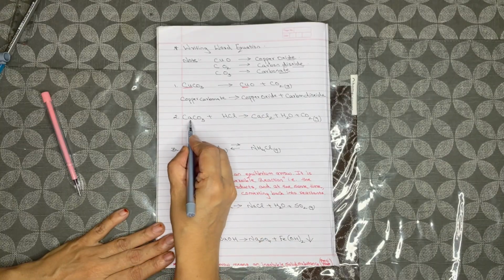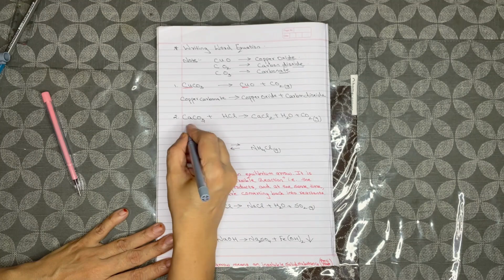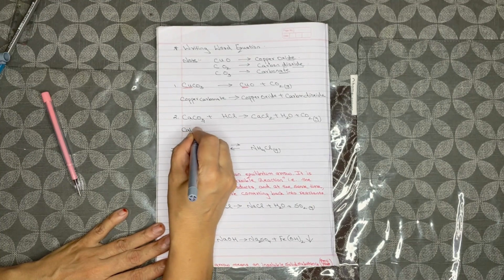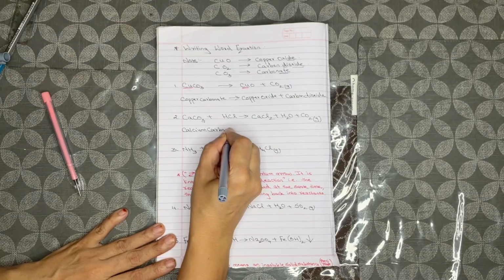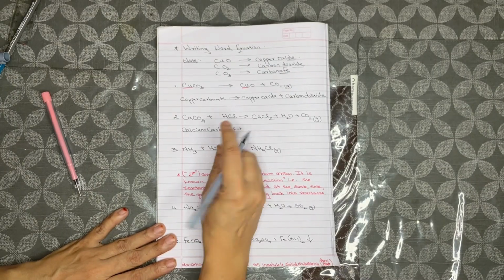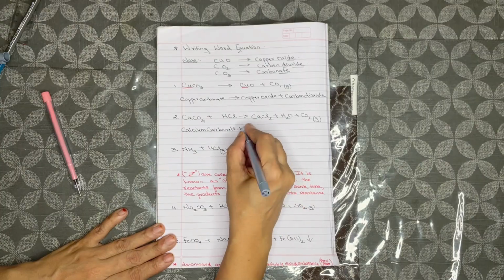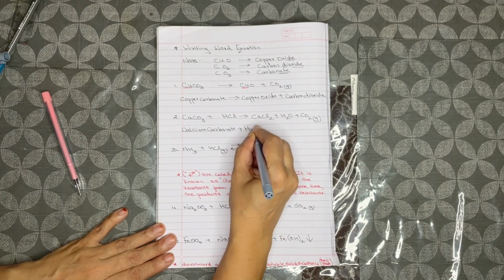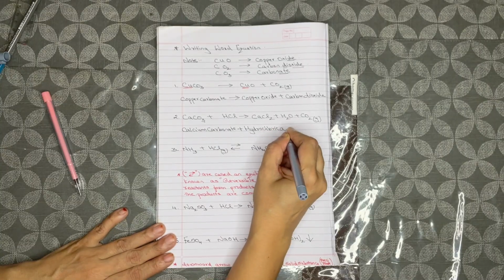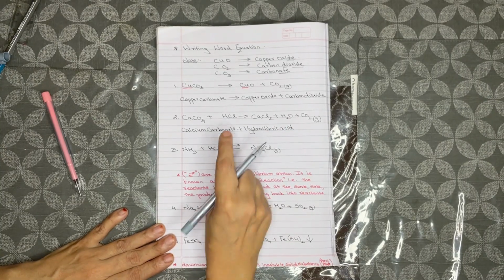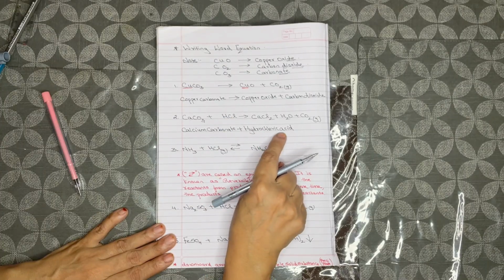CaCO3. Ca means calcium and CO3 is carbonate. So I will write here calcium carbonate, and in the exam too you have to write calcium carbonate, in words, plus HCl, which is hydrochloric acid. Hydrogen plus chlorine together forms hydrochloric acid.